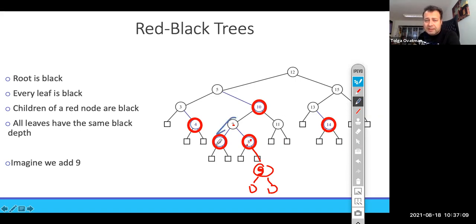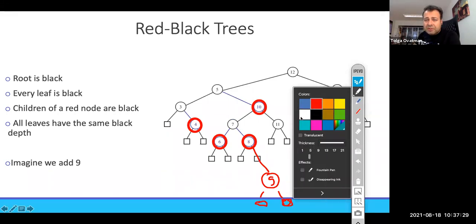Okay, so 10 stays. I'm rewriting the left. Let me write 9 and children here, and let me erase it.